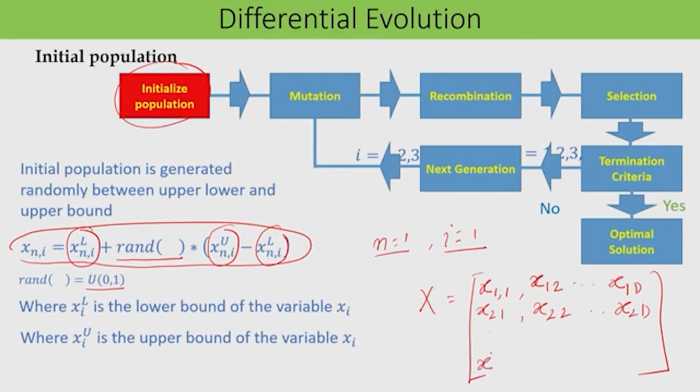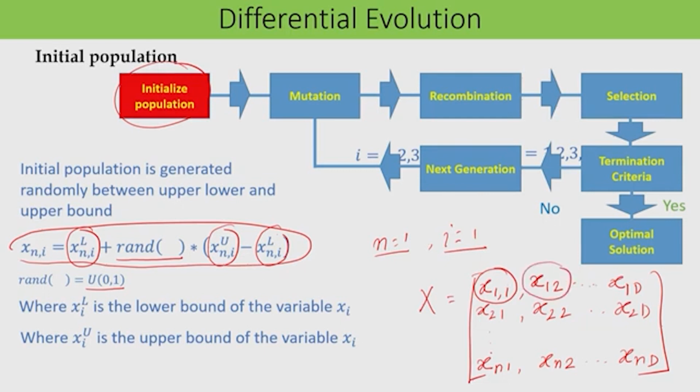Similarly, I have xN1, xN2 and then xNd. So, n equal to 1, i equal to 1 means I am generating this particular value. Then similarly, n equal to 1, i equal to 2, I will generate this one.